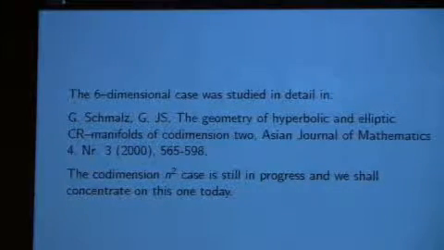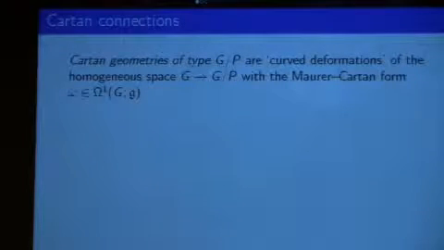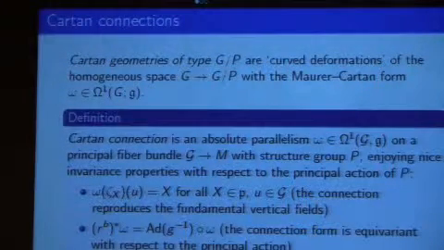Before coming to the point of why it's a good codimension, I will remind you a little bit of the general theory of Cartan connections, and in particular the parabolic cases. We heard it in the conference in several lectures already.